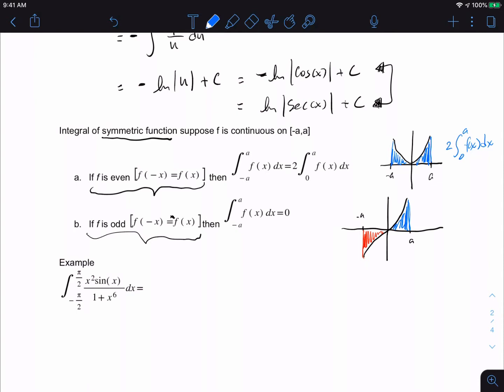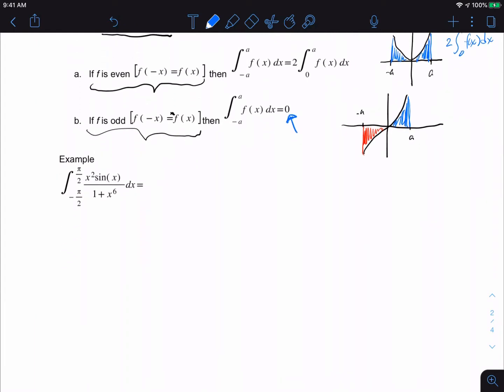So those areas are the same but have different signs. And so because of that, we end up with an area of 0 total from negative a to a. So if you know that a function is symmetric and it's an odd function, we know that the area is going to be 0.